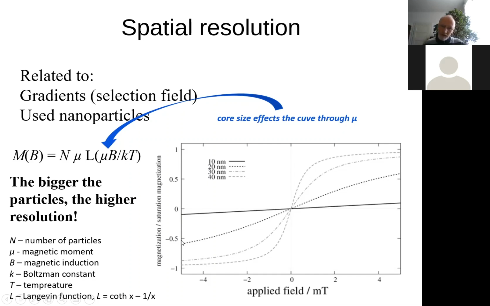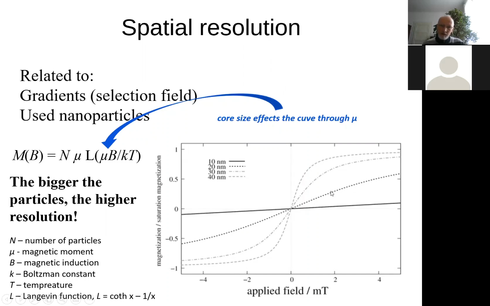So if we use small particles, then it will be very hard to reach the nonlinear part and to get more higher harmonics here.